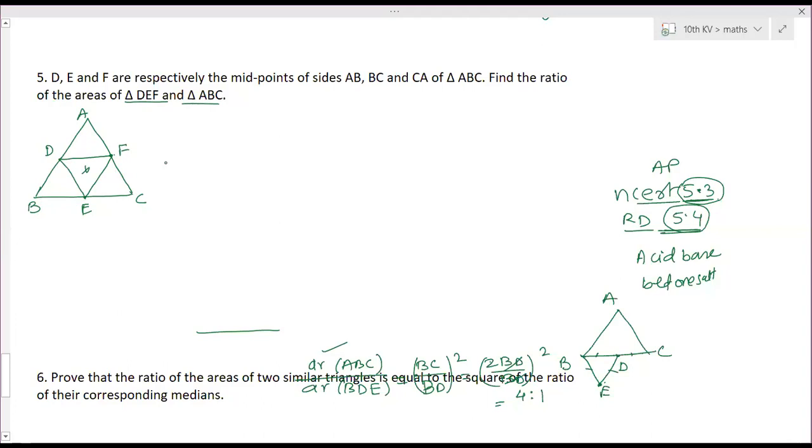Similarity: SSS, SAS or AA similarity we have to prove. We use the midpoint theorem here. D and F are midpoints of AB and AC respectively.